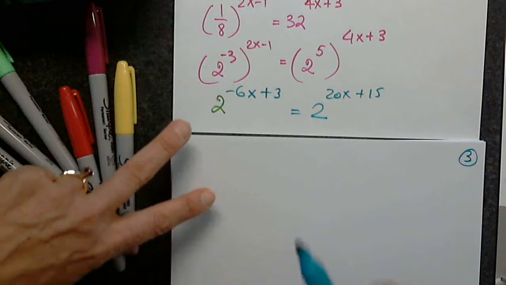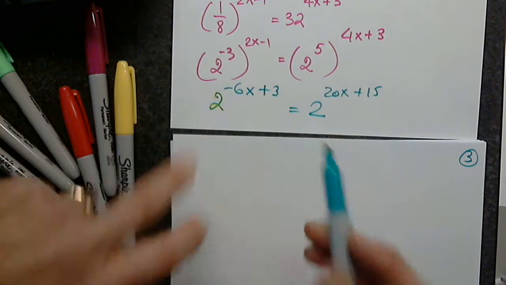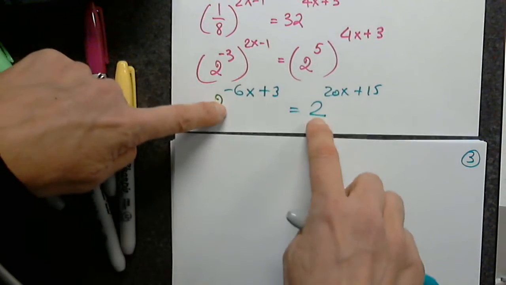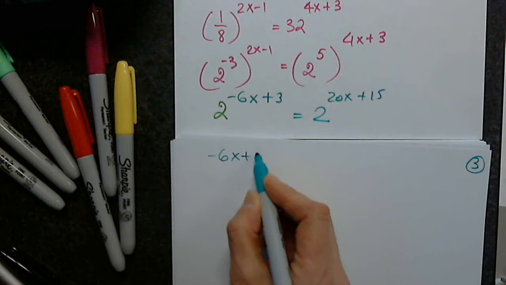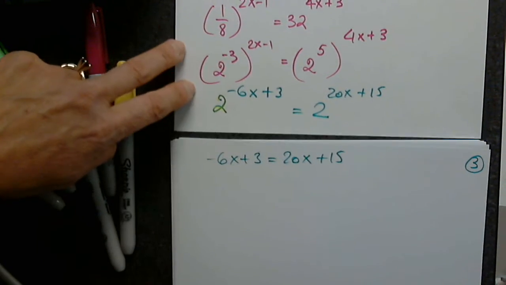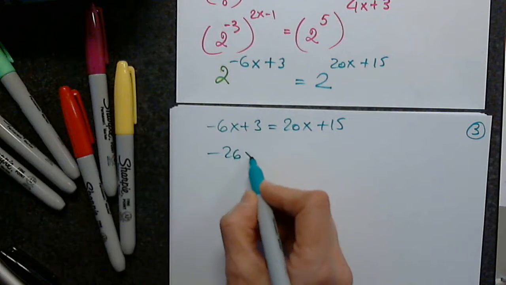But just remember, we're not simplifying bases. We're not dividing bases. We're not doing any of that. We are thinking. Two numbers are equal and they have the same base. Therefore, -6x plus 3 must be the same as 20x plus 15. I subtract 20x.